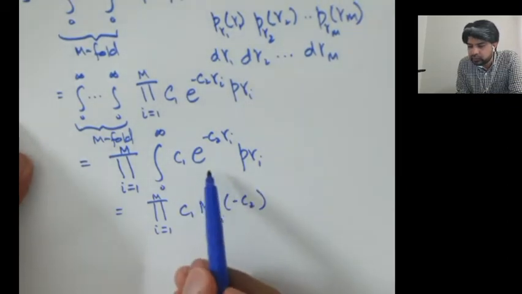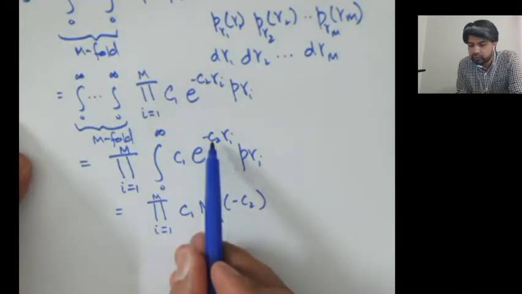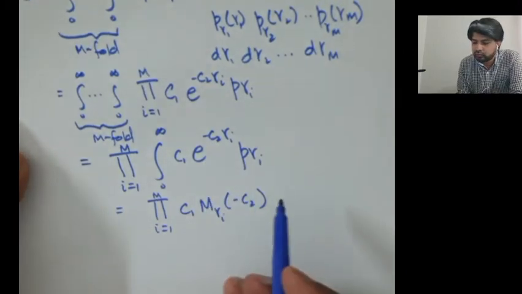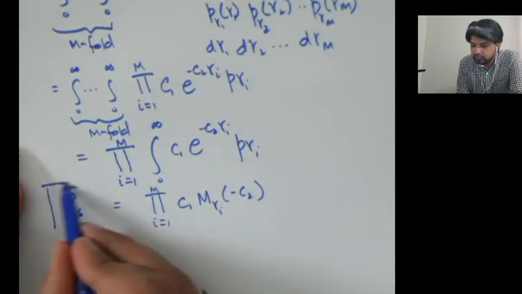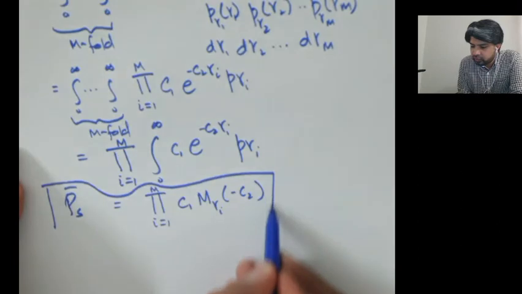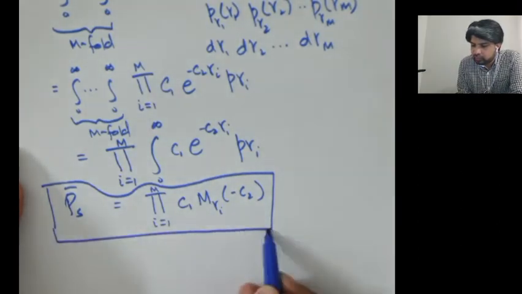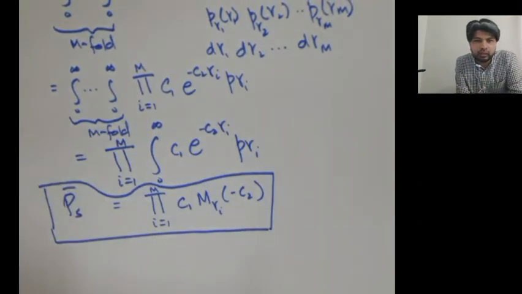This is nothing but the moment generating function where s is replaced by minus C2. So this is your P S bar. This is a very, very important result that you can compute. Given that your symbol error probability was an exponential function to start with, your average symbol error probability under any type of fading under maximal ratio combining can be written as a product of capital M moment generating functions, right? And that is a very, very important result.